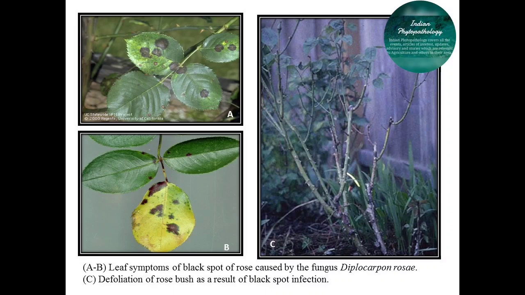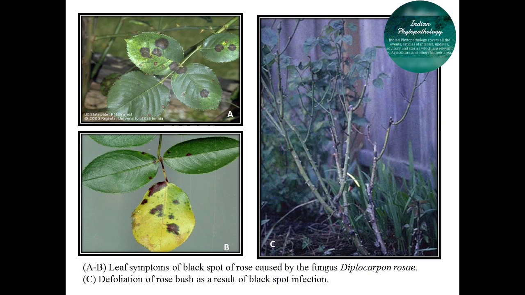This fungus produces acervuli on the central part of the tar spot as a blister-like projection. These acervuli are discoid, subepidermal, erumpent, and 84 to 224 micrometer in diameter, and these are present in stroma. So these are the characters of this pathogen.